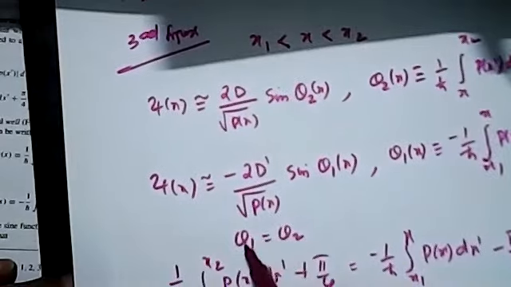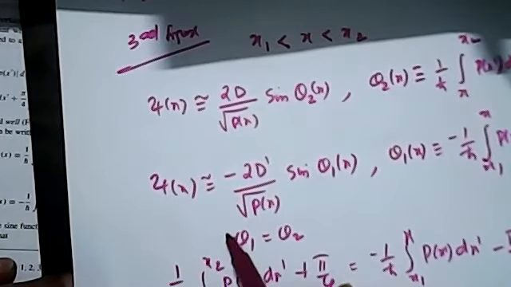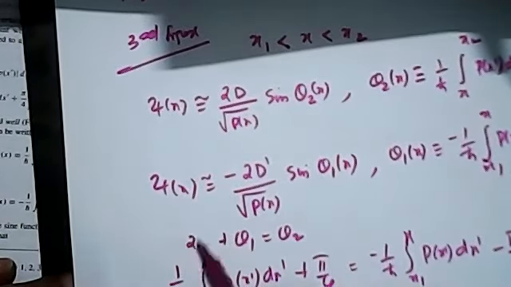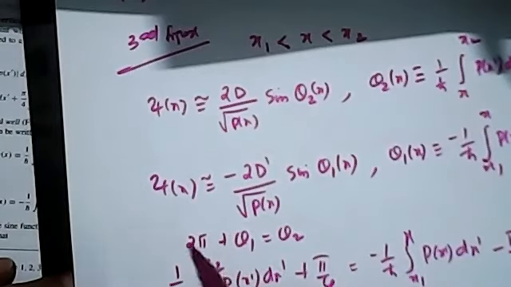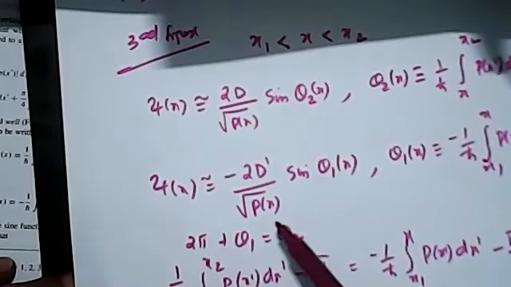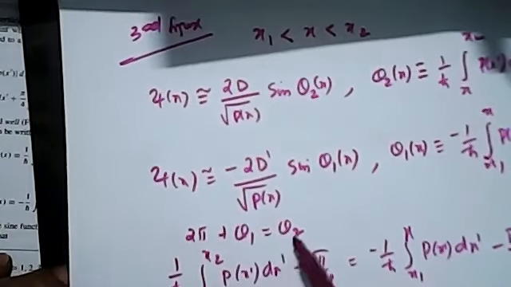There is a correction here. You are equating theta 1 and theta 2, but you can add 2 pi also, no problem, because when the argument changes by 2 pi, it repeats. So 2 pi plus theta 1 equal to theta 2.